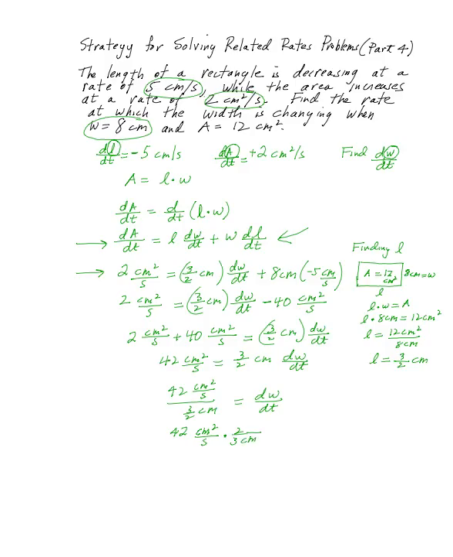And when you divide square centimeters per second by centimeters, I'm going to get centimeters per second. When you divide by 3/2, you multiply by 2/3. So I get 84 over 3 centimeters per second.